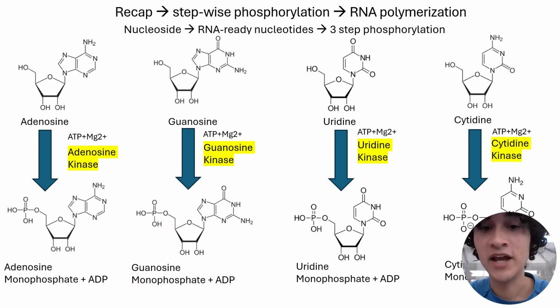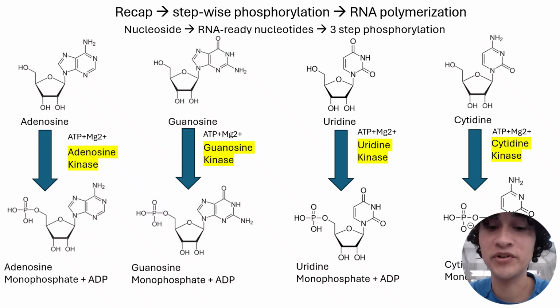So in order for a nucleoside to become an RNA-ready nucleotide, we need to do a 3-step phosphorylation process. This 3-step phosphorylation process requires ATP as a phosphate donor each time. It requires kinase enzymes, and it requires that magnesium in its active site to stabilize that charge repulsion, to act as a charge shield.